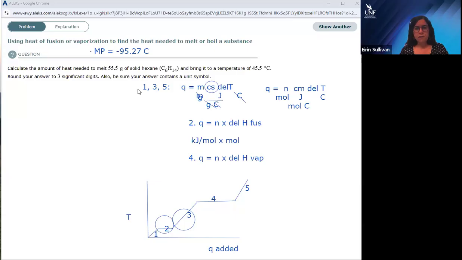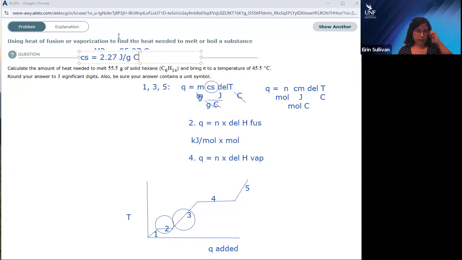So the other thing we would need to do is look up the specific or the molar heat capacity of hexane. I believe that ALEKS has the heat capacity listed in the values. So C_s of hexane is 2.27 joules per gram per degree Celsius.